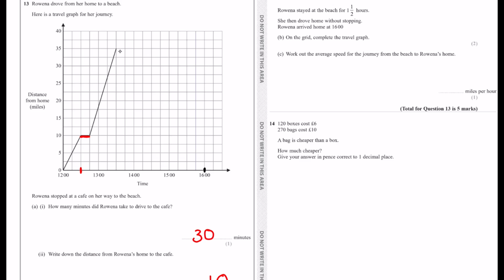So 1.5 hours, so it's 1:30. So half an hour till 2 o'clock, and then an hour till 3 o'clock. So she stayed at the beach from 1:30, an hour and a half, takes it to 3 o'clock. And then drove home without stopping.